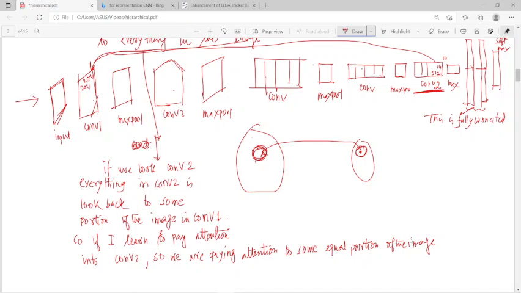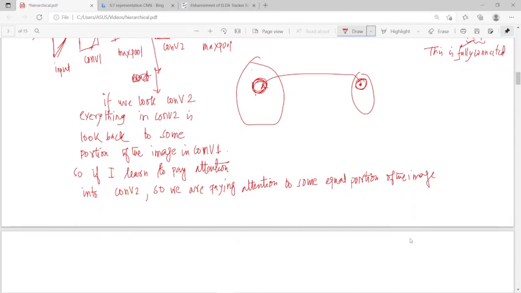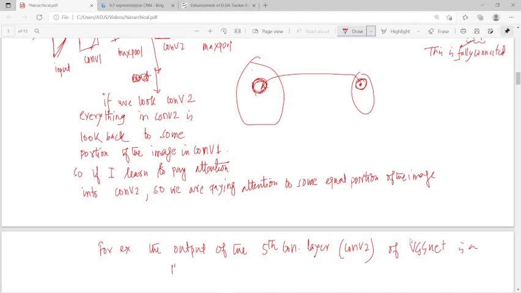If you look at the output, the dimension is a 14 cross 14 into 512 size features map that we will get. In that particular case, you can say it is the output of the fifth convolution layer. This is VGG net, and I am using FC7; VGG net also uses FC7 representations.